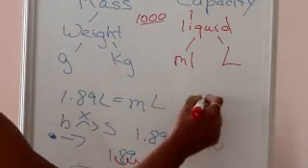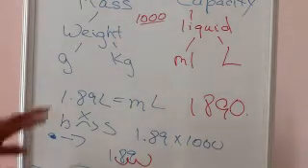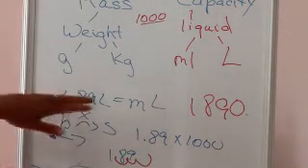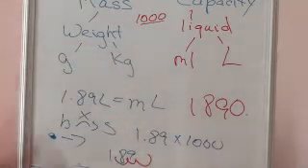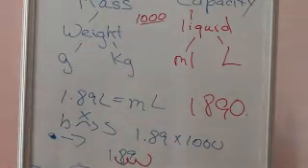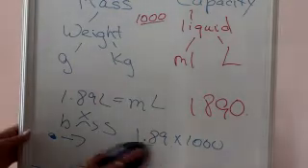So my new number is 1,890. So 1.89 liters equals 1,890 milliliters. So really all we're doing is multiplying and dividing by 1,000. Take your calculator if you have to. Very, very simple. All right, let's try another one.